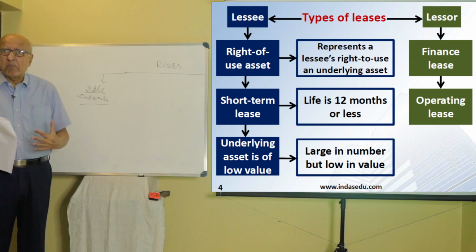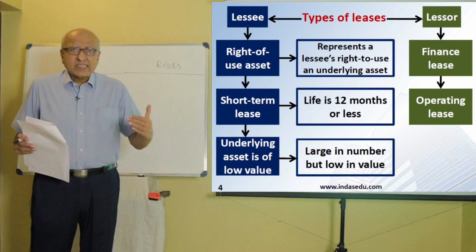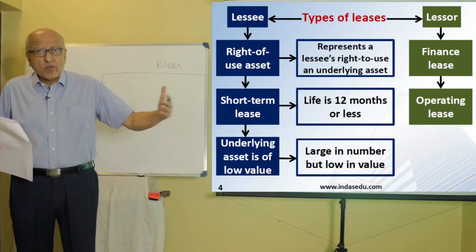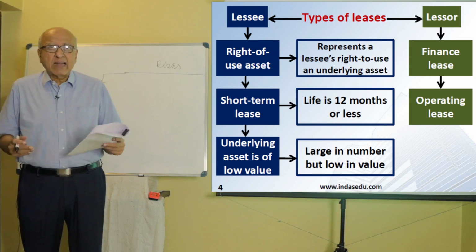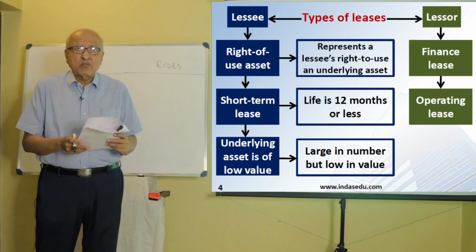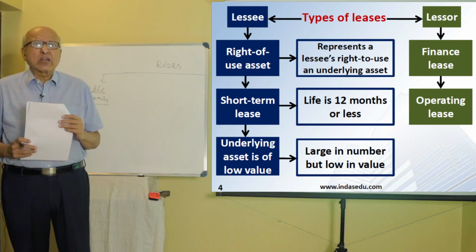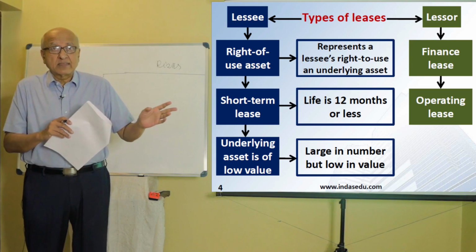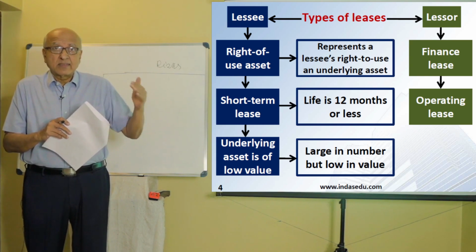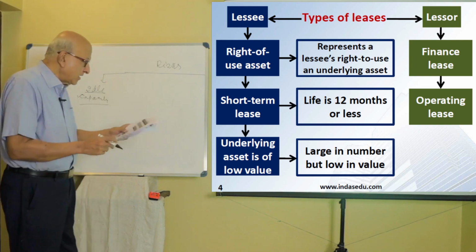Money will come. Outflow will be less than my inflow. Inflow will be from there. So if there is some capacity that is idle, machine is not used, how the lessee makes use of the ROU asset, lessor has nothing to do. He has to get regularly the lease payments.